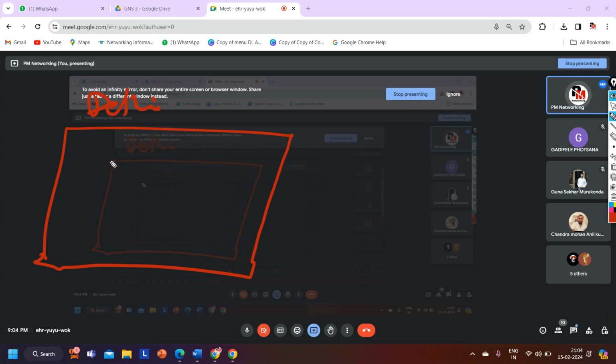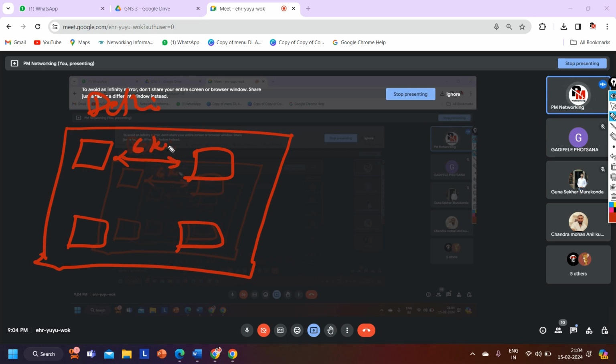In Delhi, I have multiple branches, right? One branch in, let's say, Gurgaon, one branch in Noida, one in another location, and one in another location. The distance between the branches is, let's say, around 6 kilometers, or 10 kilometers, or 15 kilometers.